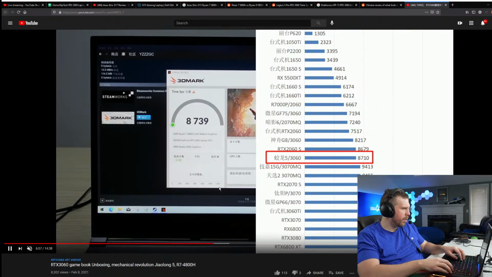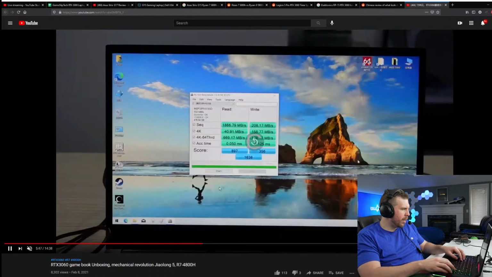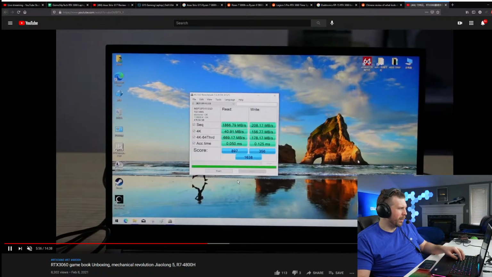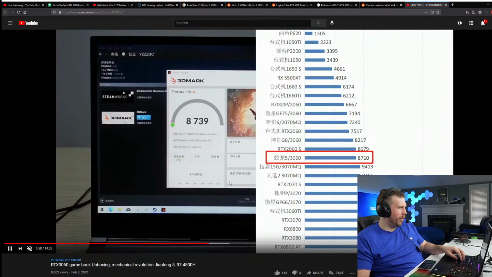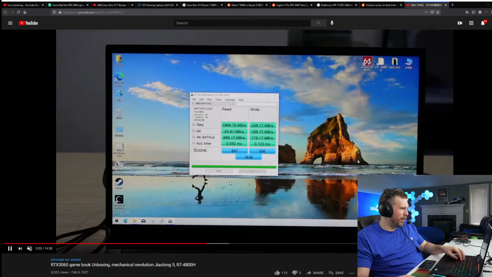Let's see here. This looks promising. Oh, we have to watch another ad. Can I get this guy to not cover half the screen, cover the score? I need to see the score. Oh, it flashed the score for a millisecond.